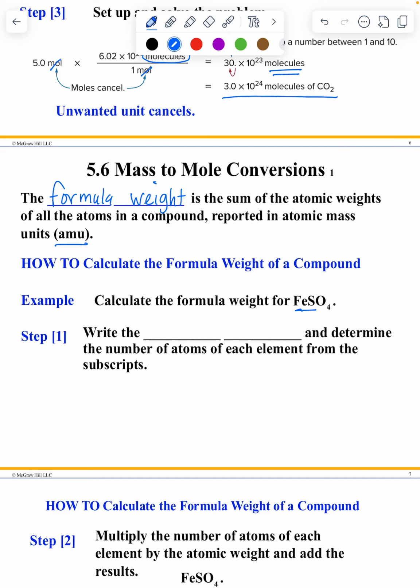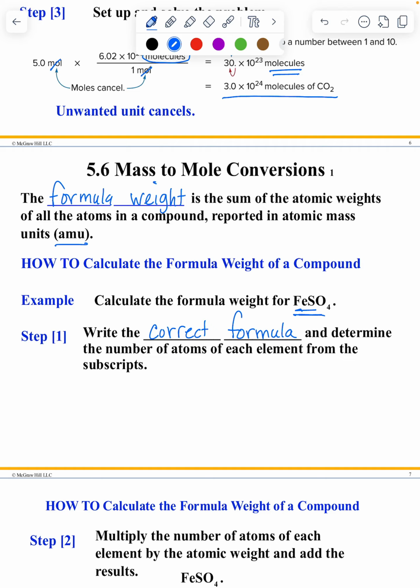the first step to finding the formula weight is to write the correct formula. And so this one's been written for us. You might be given the chemical name, and then you'll be asked to write the chemical formula.